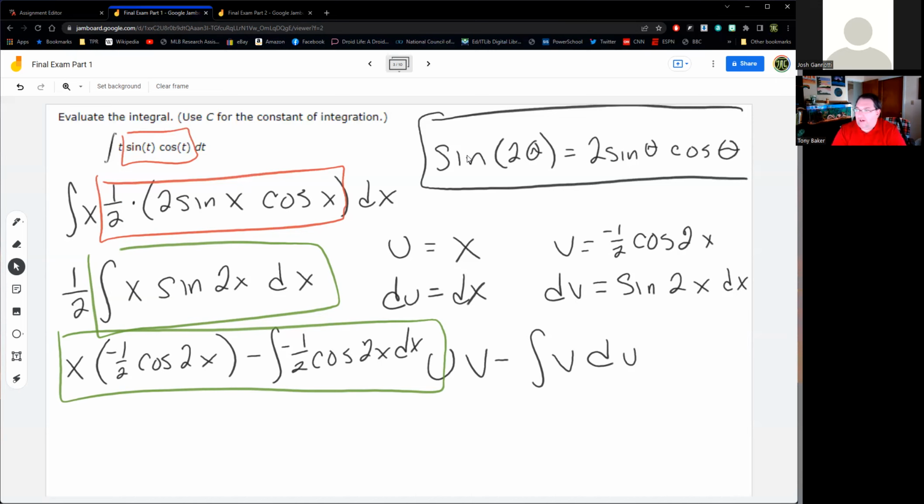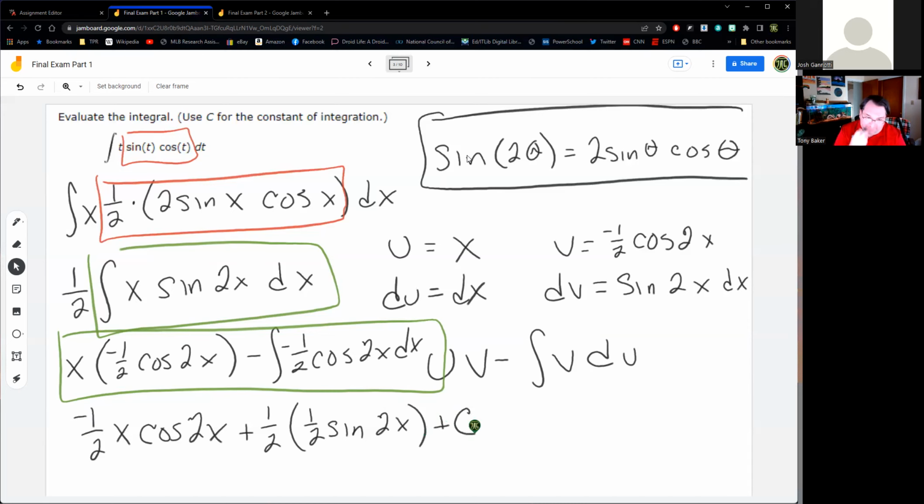All right, so now I can do the integral of my cosine of 2x. So this comes out to be negative 1/2 x cosine 2x. And this is now a plus 1/2. And then the integral of cosine 2x is 1/2 sine 2x plus 3.